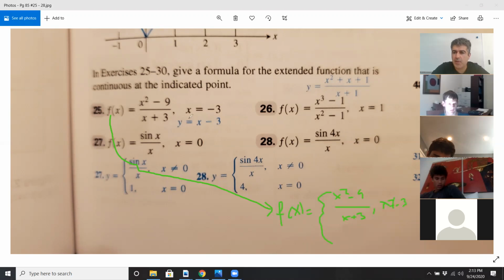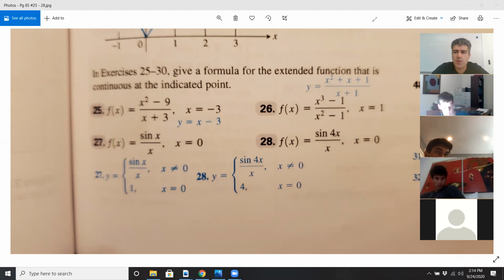And of course, you're going to plug in the hole because you know the simplified form is x minus 3. So you write that as well. So either way is totally accepted for 25. But for 27, you have no choice but to write a piecewise function.